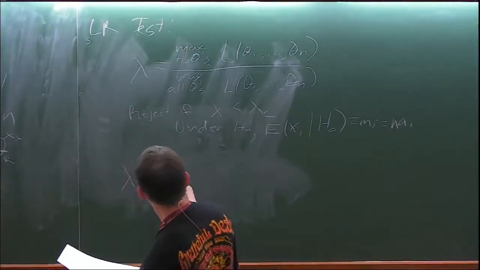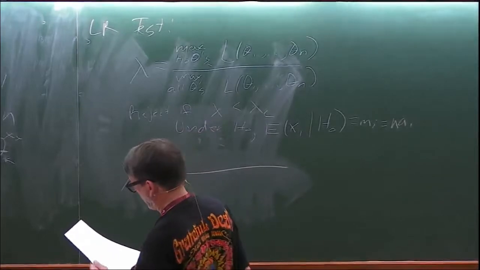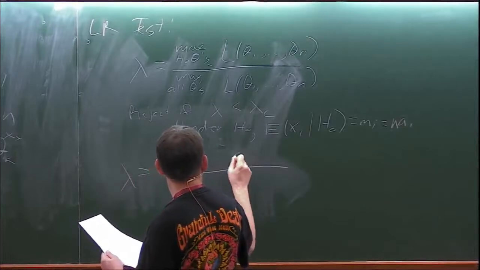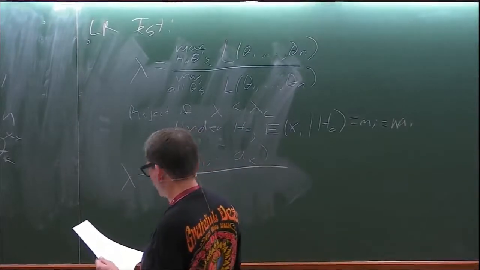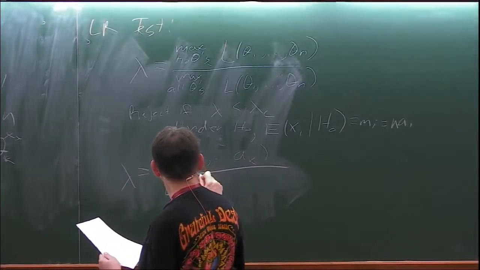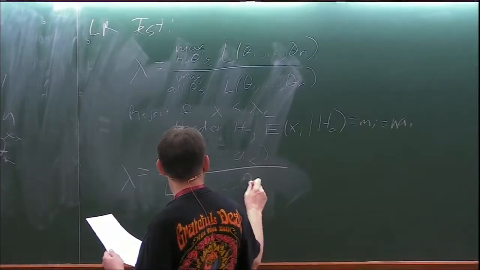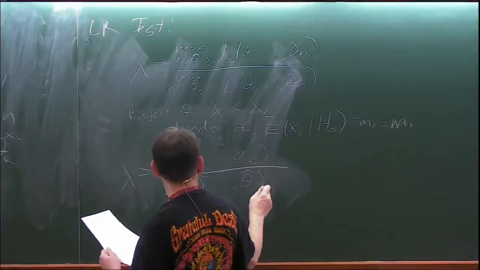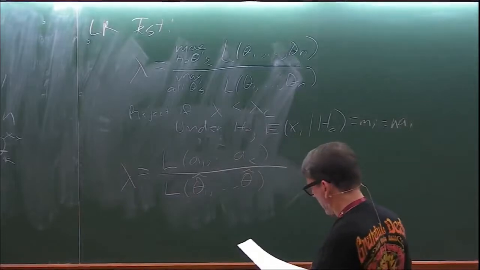Lambda is the likelihood of a1 to ak under H0 divided by the likelihood of theta 1 to theta k under H1.